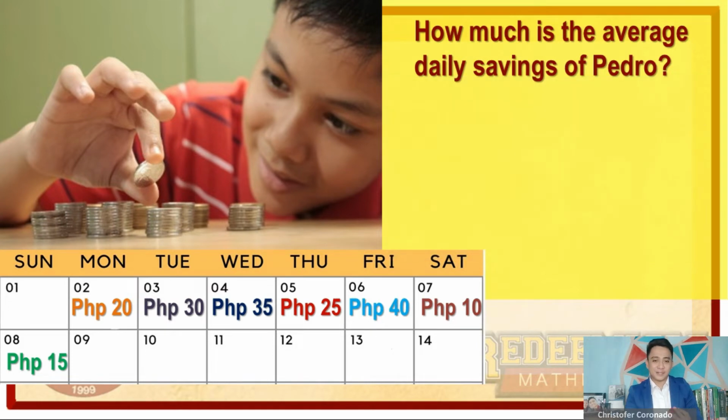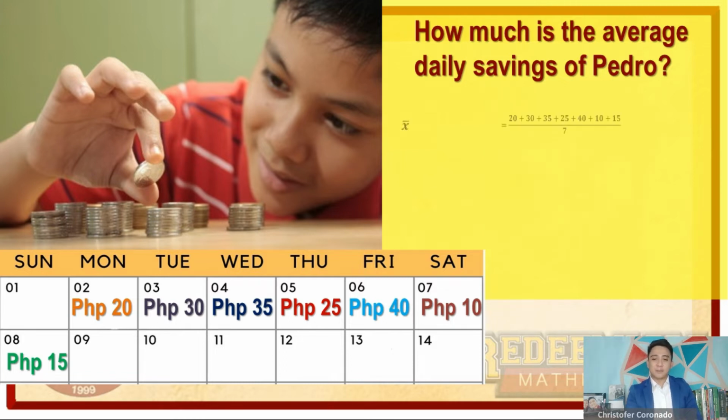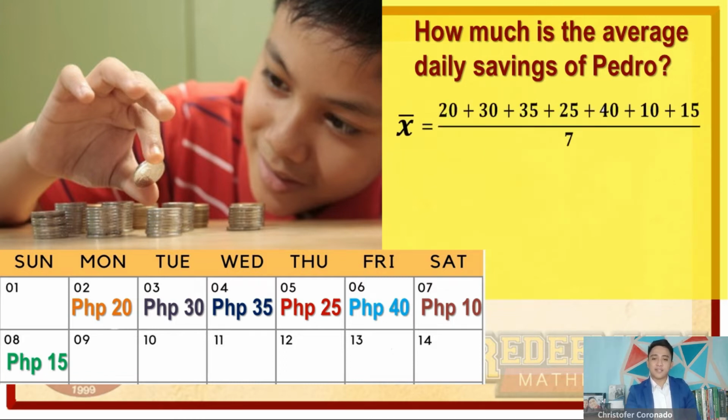Now, if your answer is 25, that's correct. So we will add up 20 plus 30 plus 35 plus 25 plus 40 plus 10 plus 15, and then dividing all of these numbers by 7 will give us a value of 25.